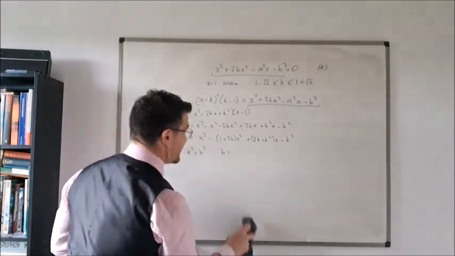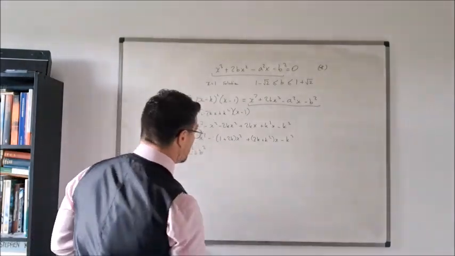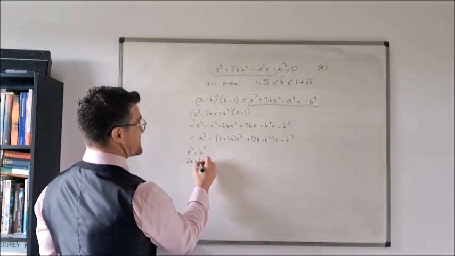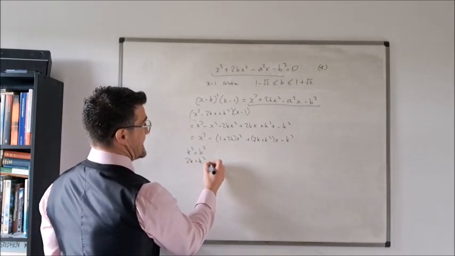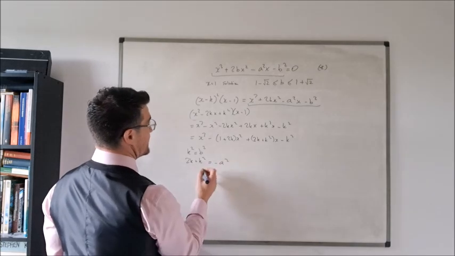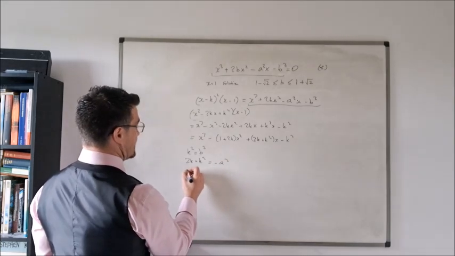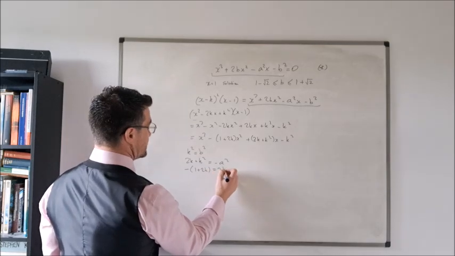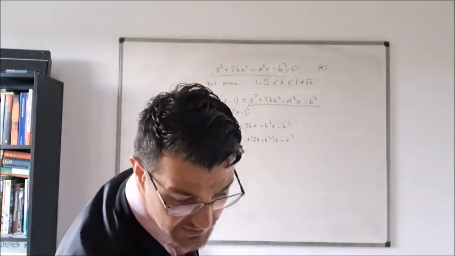Yeah, okay, I'm going to leave it like that for the time being. We also get that 2k plus k squared is equal to minus a squared, and minus (1 plus 2k) is equal to 2b. Okay, sip of coffee time.